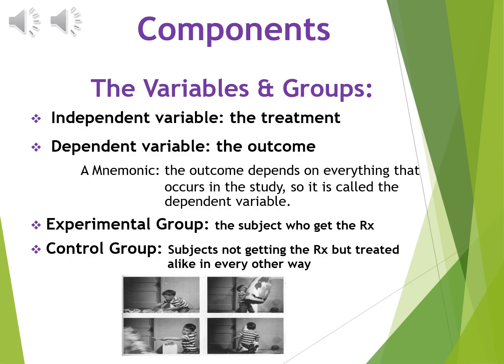So since the outcome is dependent on everything, the outcome that we measure is called the dependent variable. In any experiment, there's a treatment that some are given and some are not. We want to see the outcome of this treatment. The outcome that we want to measure and learn about would therefore be the dependent variable. Hopefully that helps if you needed it.